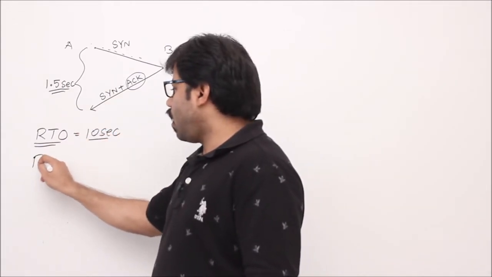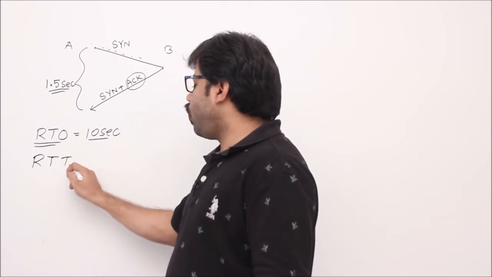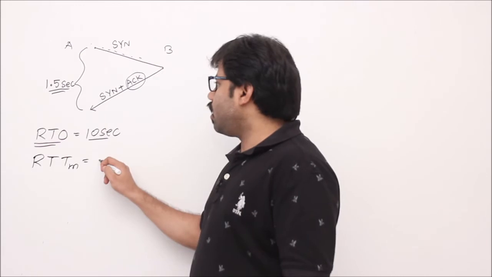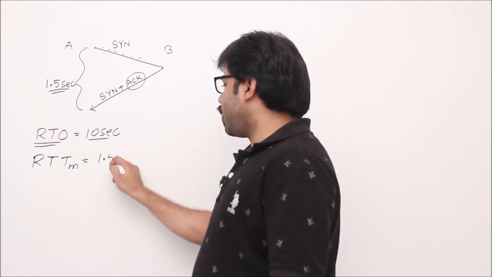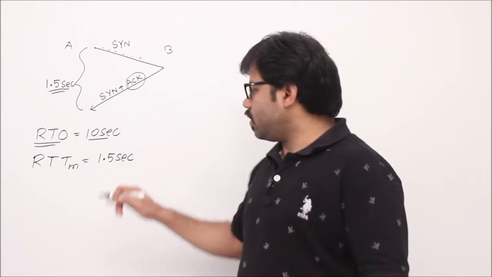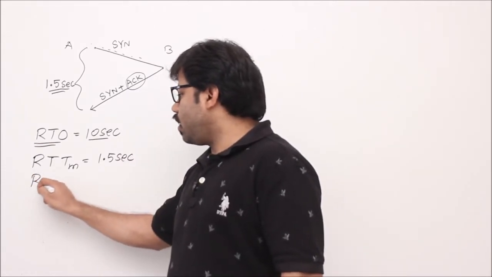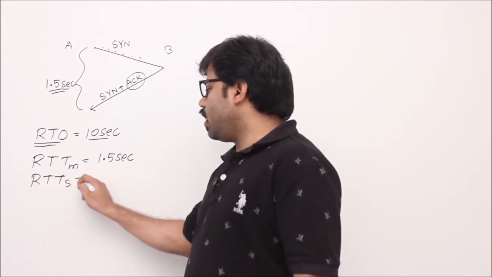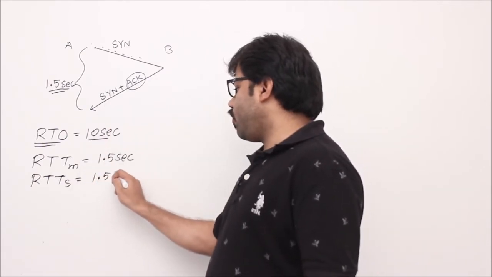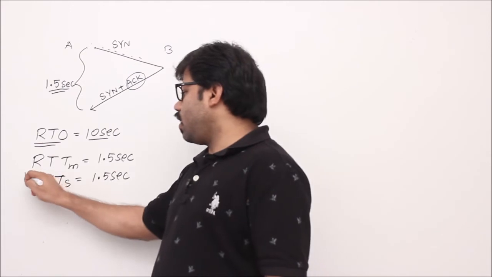First step, RTT smooth. To find out RTT smooth, you should know the RTT measurement. What is the current RTT measurement? 1.5 seconds, right? This is the first measurement. Whenever this is the first measurement, RTT smooth, if you see the formula, is exactly equal to the RTT measurement. That's why 1.5 seconds. Now I calculated RTT smooth.